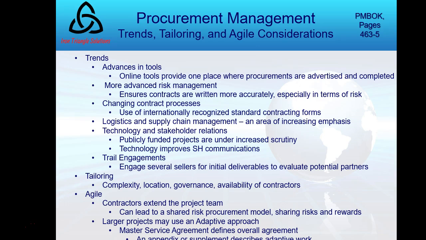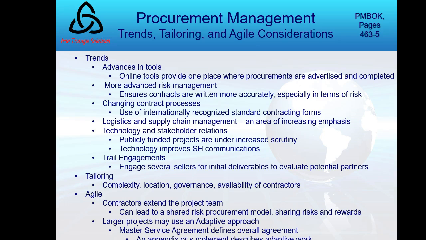The changing of contract processes is more fluent through these automated processes. We continue to increase emphasis on logistics and supply chain in the procurement realm. We talked about that in resource management, about how it was important when a tractor arrived, or a hoe, or some sort of major piece of equipment. That stuff matters, and that's all about the logistics and supply of it. And you can read the rest of those and review the PMBOK Guide.